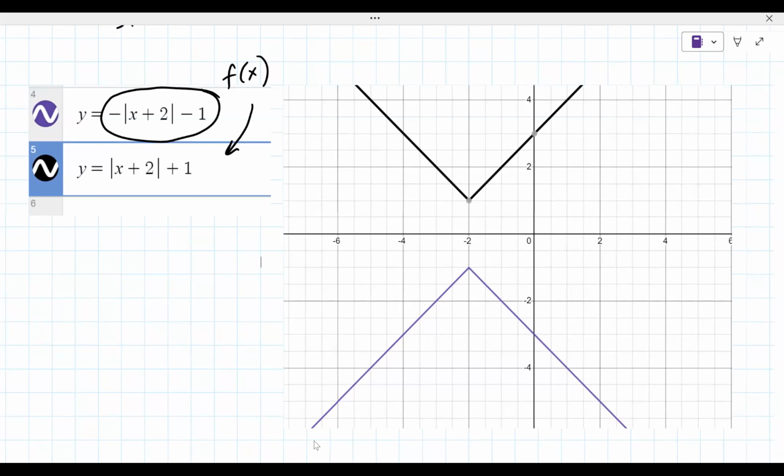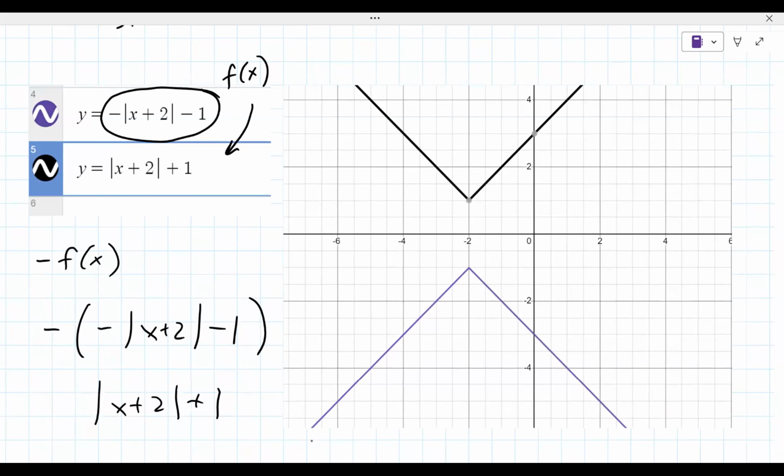Would you multiply the negative out? Multiply the negative by the absolute value of x plus 2 minus 1, multiply it by all of that. So if you negate f of x, you're taking the negative of this, and it becomes positive, x plus 2 plus 1.